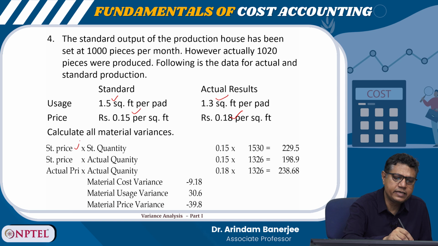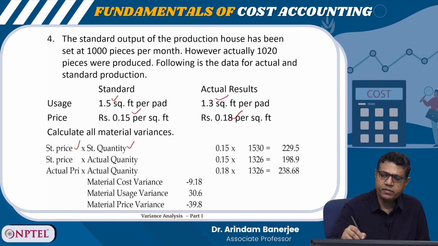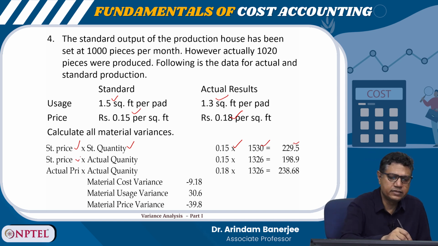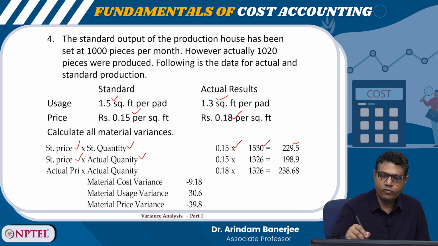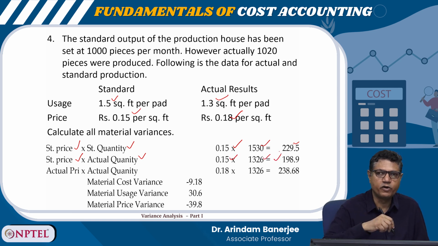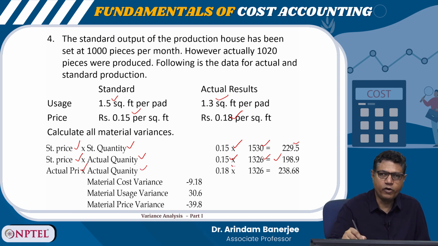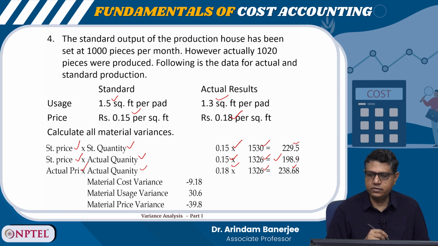So, standard price into standard quantity, 0.15 into 1530, that is 229.5. Standard price into actual quantity, 0.15 into 1326, that is 198.9. Actual price into actual quantity, 0.18 into 1326, so 238.68. So, what is the material cost variance?